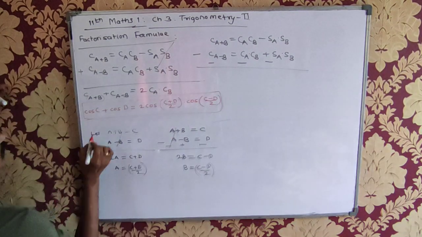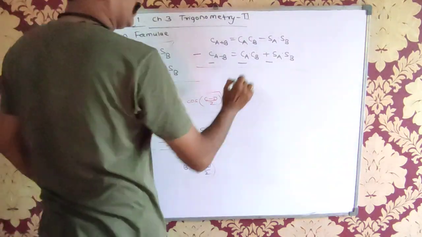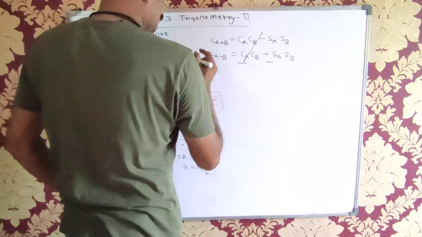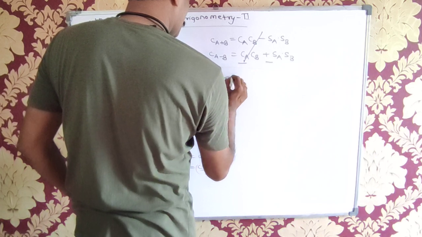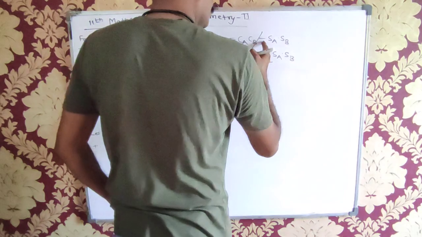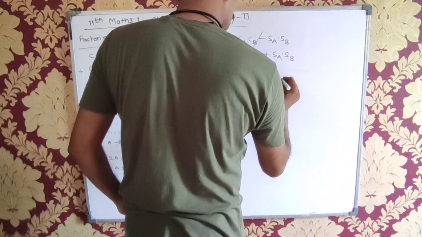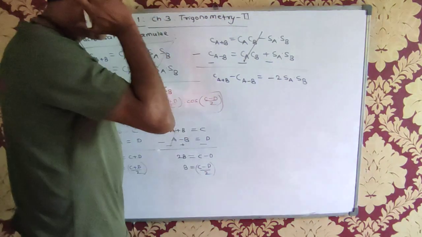This is new. Okay. The same thing will be performed for this also. Let's get the answer. So this will become cos of a plus b minus cos of a minus b is equal to minus 2 sin a sin b. Okay.